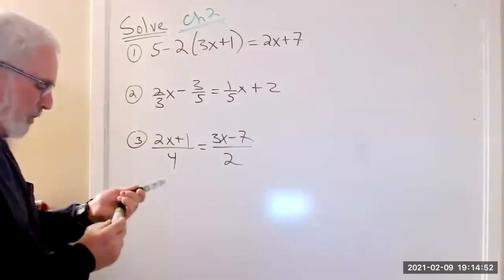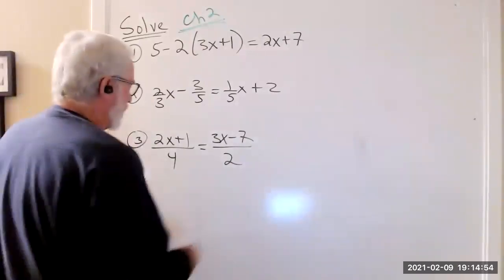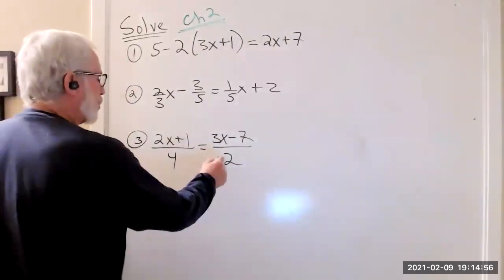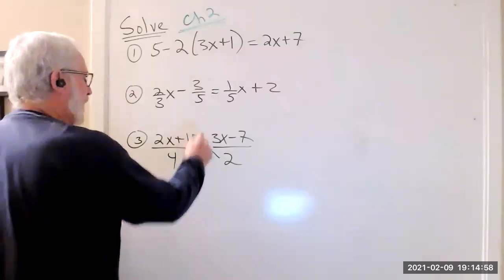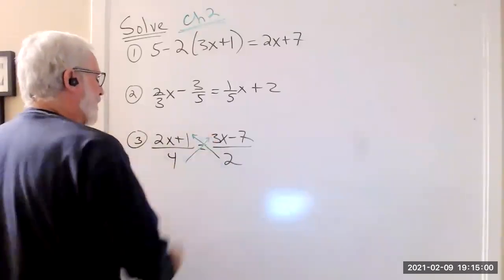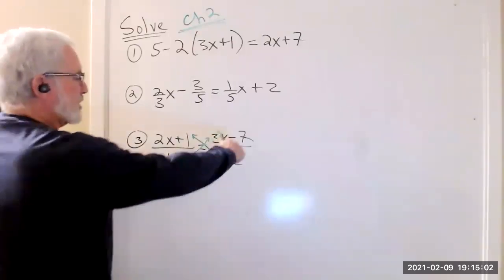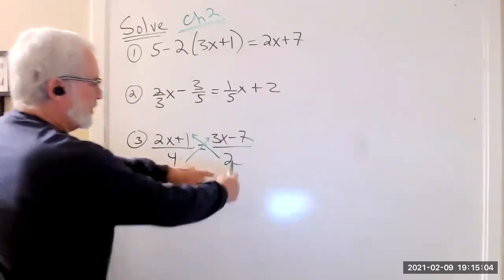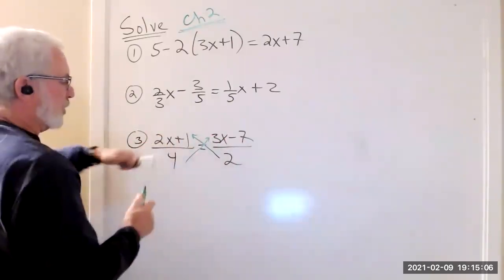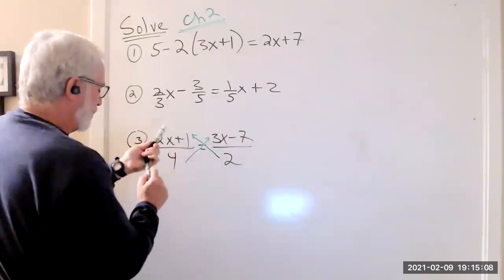What we do with a proportion down here, I'm just at number 3, is we do something called cross multiply. We multiply the denominator times the other numerator. The denominator times the other numerator. We cross multiply.